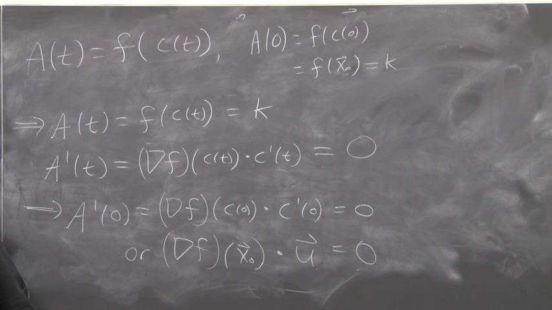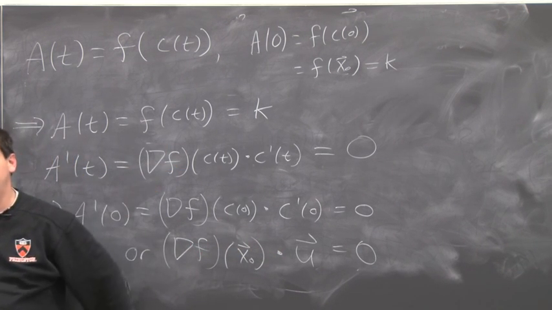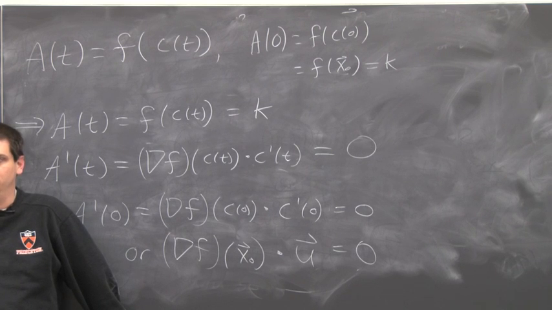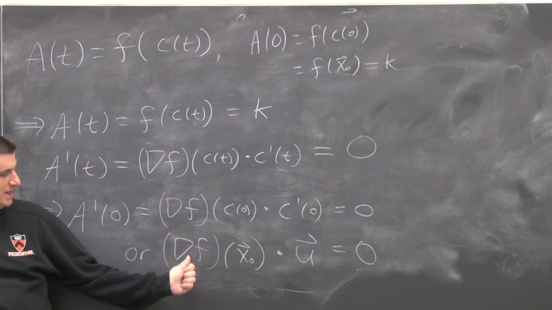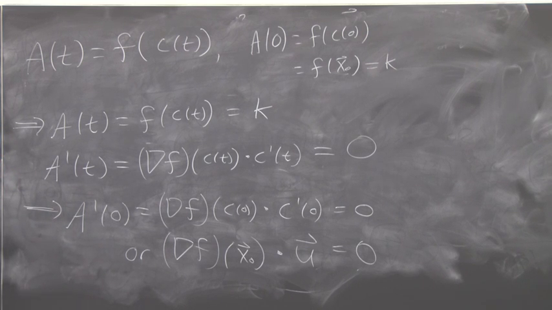So what we've just seen is no matter what curve I take, as long as the curve stays in the level set, the gradient of f at x naught dotted with u, my tangent direction, is going to be 0. So this tells you this has to be perpendicular to every tangent to the surface. Well, the only thing that's left, if it's perpendicular to every tangent direction, it has to be normal.